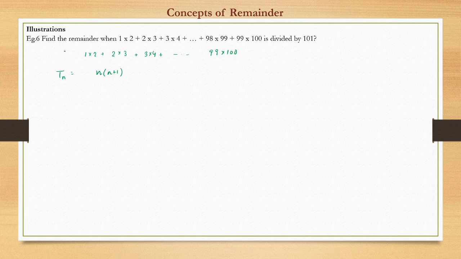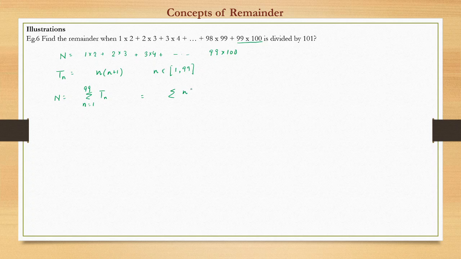So what will be the sum of this number N? N would be nothing but, and here n ranges from 1 till 99, right? Because 99 is the last term, 99 into 100. So N would be nothing but summation tn from n is equal to 1 to 99.